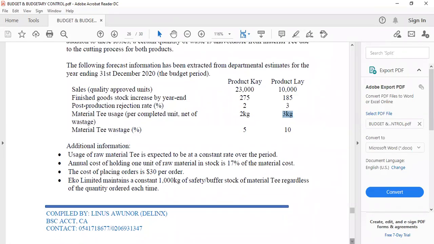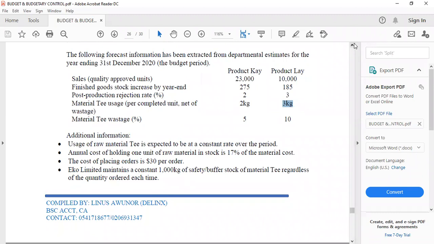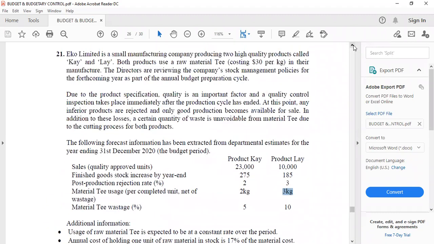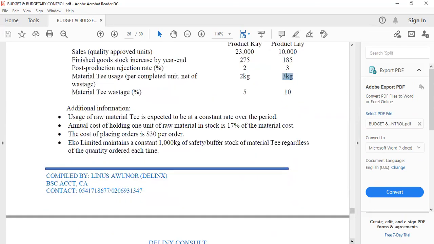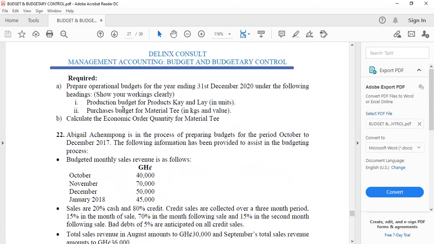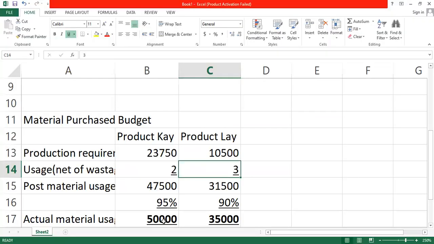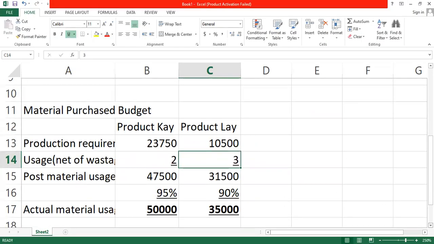This is the question now. So what do we do? They say we should do the material purchase budget for material T in kilogram and in value. So the first one that we did, the 50,000 and 35,000, are all in units.